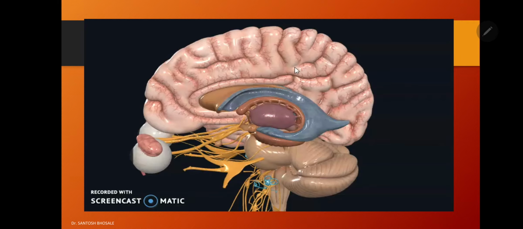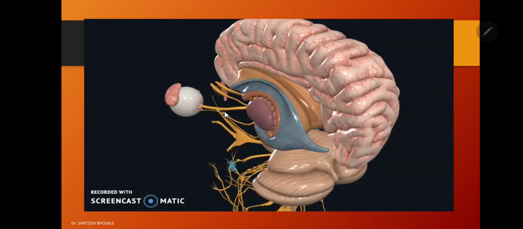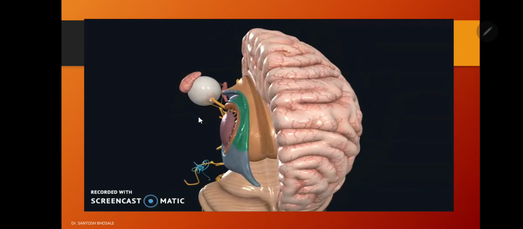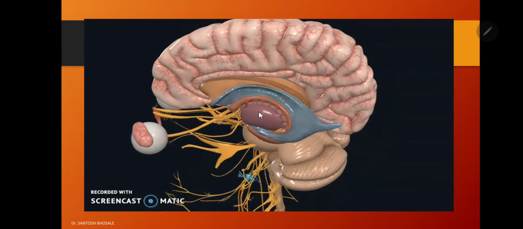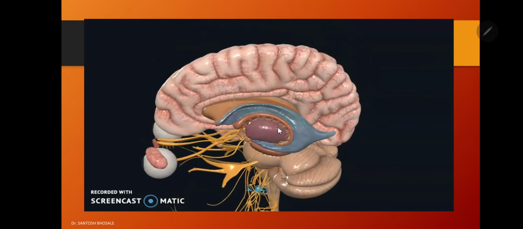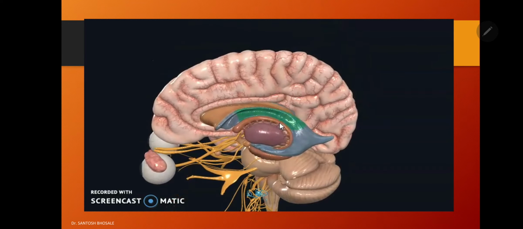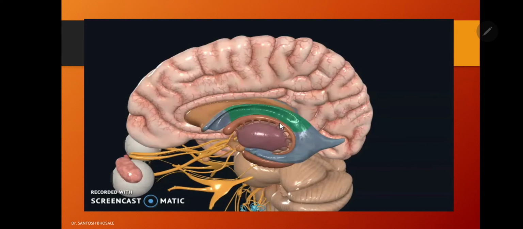If you see in this view, that is the body of the lateral ventricle, and you can see how it is surrounded by the body of the corpus callosum, and below it has the caudate nucleus there. So you can imagine the relations there.